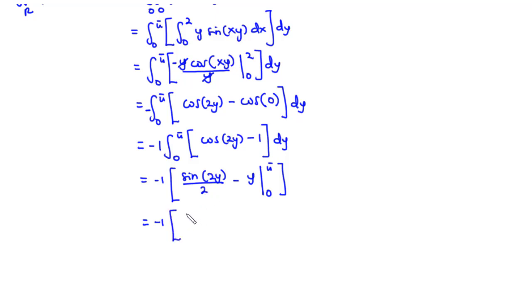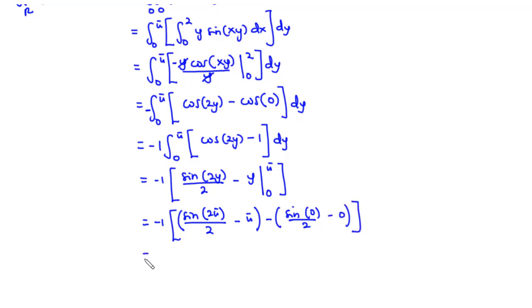Here we are going to have sine 2 times y, in place of y we have pi, so sine 2 pi divided by 2, minus, in place of y we have pi, minus, into bracket, we are going to have sine 2 times 0 is 0, so sine 0 divided by 2, and then minus 0.